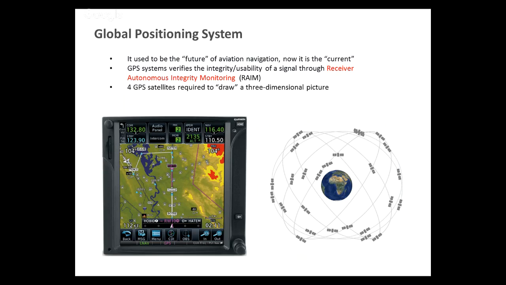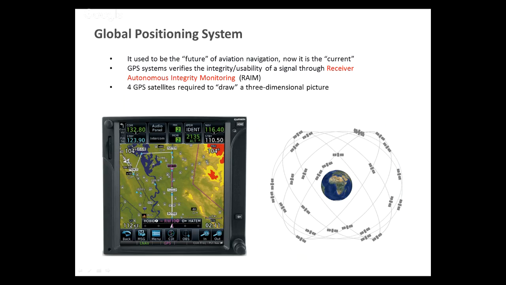Global positioning systems utilize what's called receiver autonomous integrity monitoring to ensure that the signal that you're getting is within a certain specification. A lot of aviation GPSs will be plus or minus 5 feet or plus or minus 10 feet, which is extremely accurate when it comes to GPS. And you will want to know some of the parameters on the specific GPS that you're flying with, which can be found in your operating handbook.